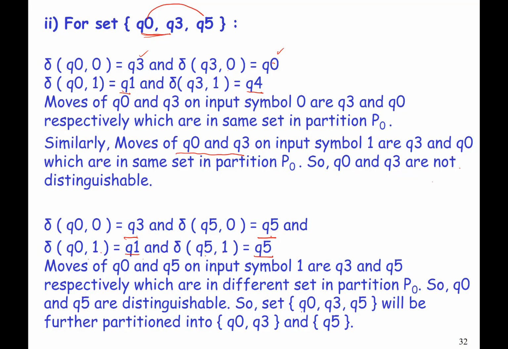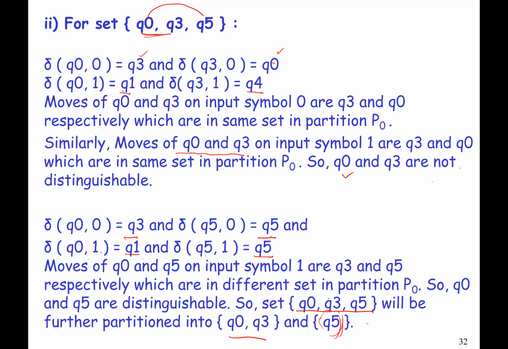Q0, Q3, Q5 has to be broken up in the next partition too. Q0 and Q3 are equivalent by the previous step, and only Q5 is not equivalent to Q0, so it becomes a group on its own.